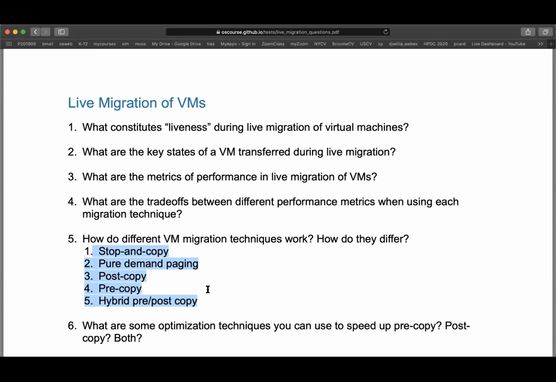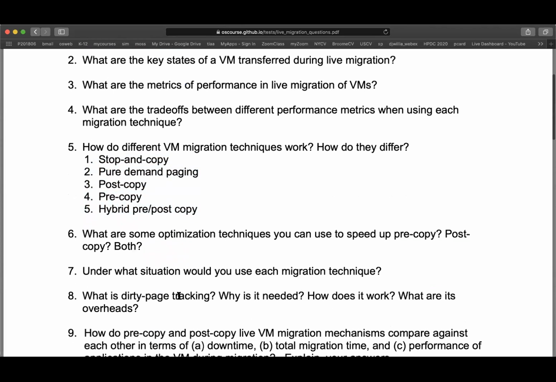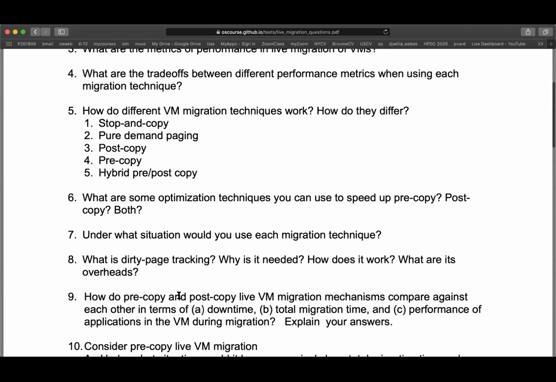So understand how pre copy and post copy work, and how we can build upon these for other techniques. Why are these necessary? What is live versus non-live migration? These are some of the things you want to focus on. Okay. Any questions?